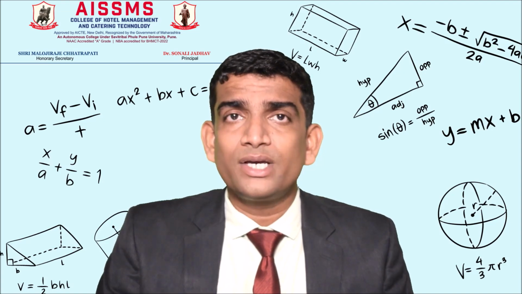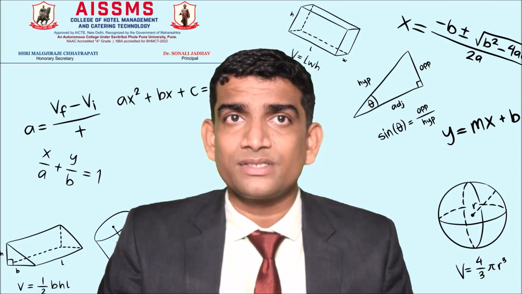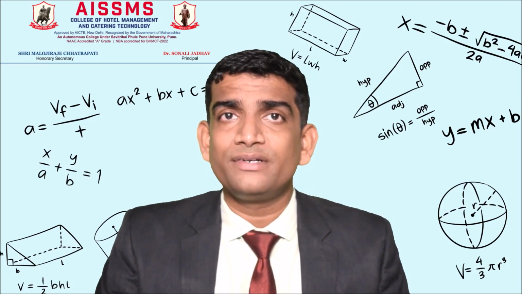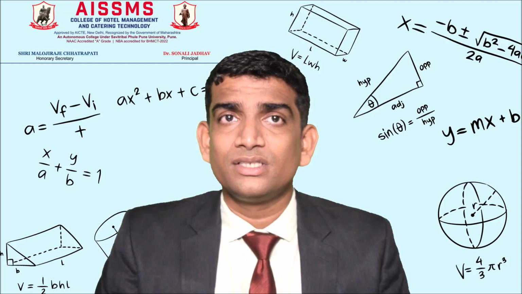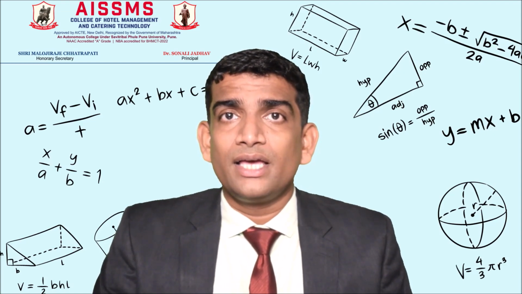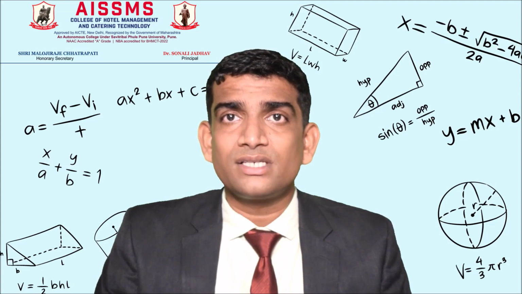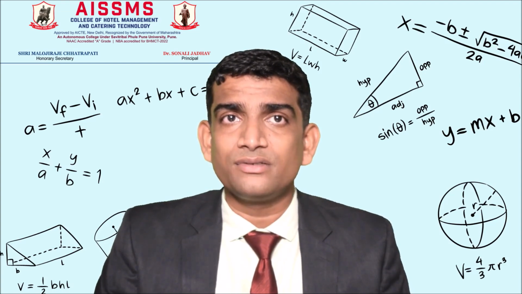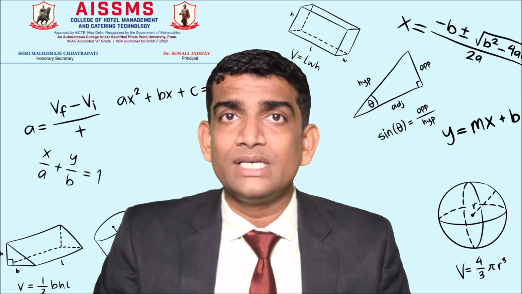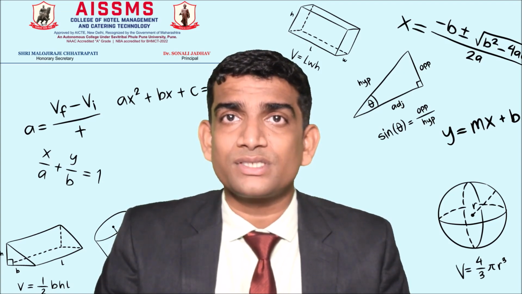With this, we come to an end of the session on the International System of Units, that is, the SI units. Let us have a small recap of the session. In this session, we have covered defining the SI unit, where SI is just a short form of International System of Units.